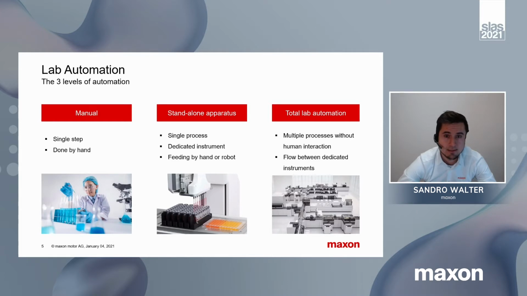Last but not least, in larger labs, the whole process is fully automated and multiple processes are handled automatically. This is considered a total lab automation system. Samples are transported with conveyors between the single steps and fewer manual steps are required.